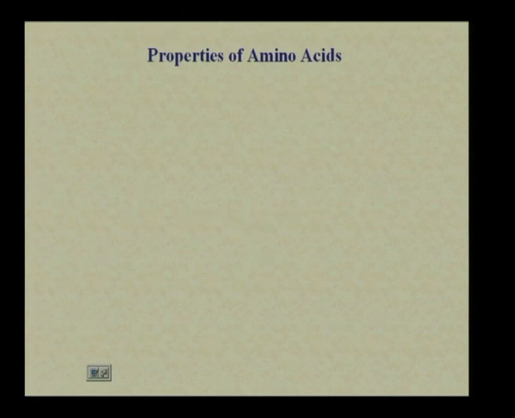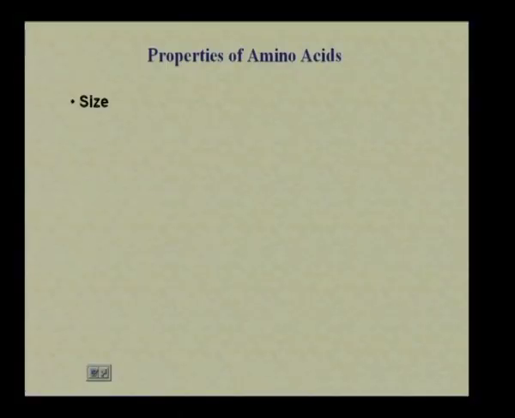Now, we have to consider specific properties of amino acids. One thing that we have looked at is the size and the shape. What do I mean by size? Size means molecular mass. The smallest one is glycine. It just has that hydrogen atom in there.